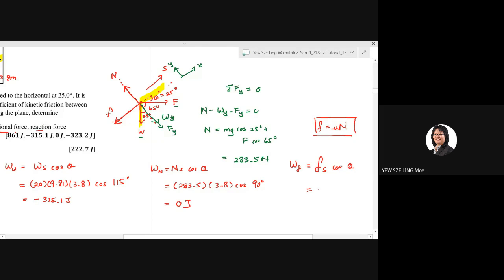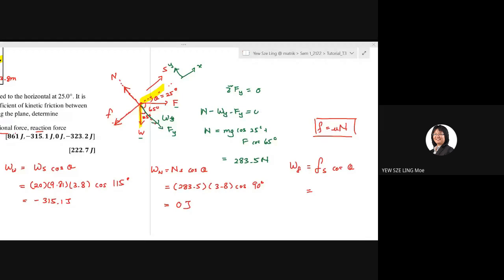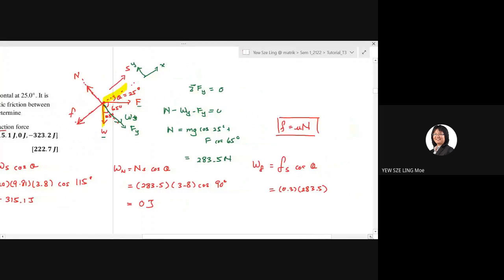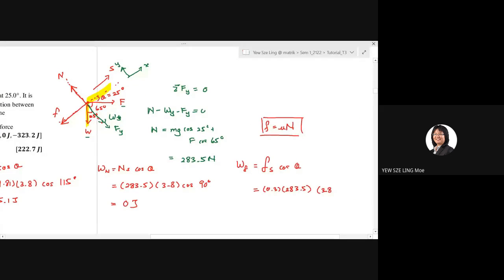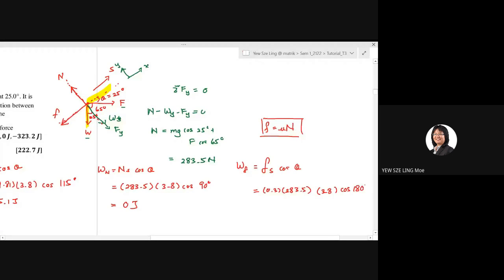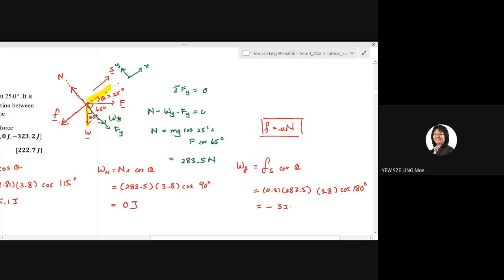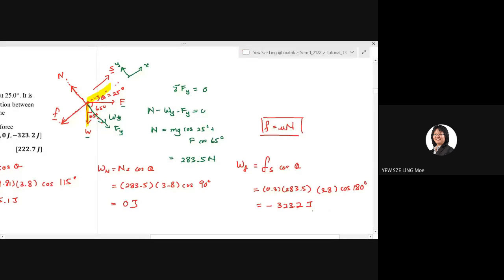So mu given is 0.3. 0.3 times N, which is 283.5, and then S is 3.8 cos 180 degree. Okay, because my frictional force and the displacement are pointing in opposite directions. Therefore, it gives you negative 323.2 joule. So this is the answer for work done by frictional force.